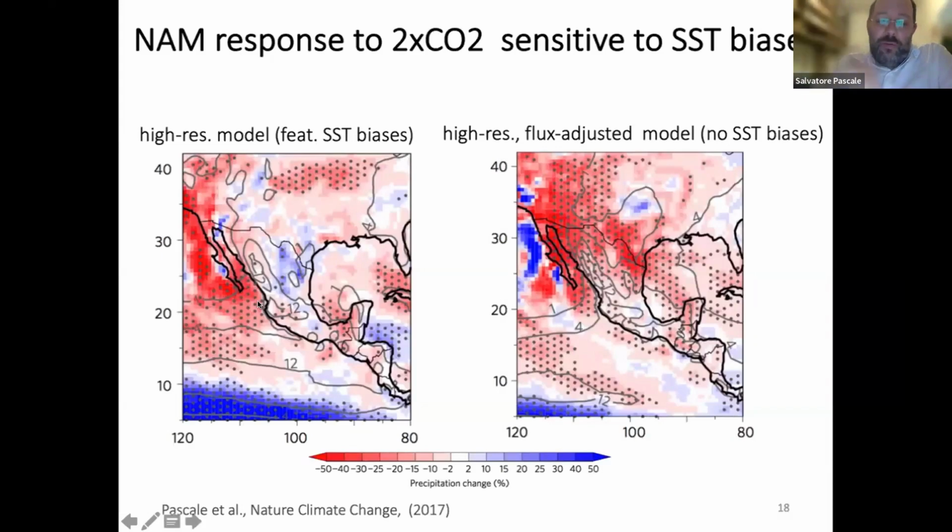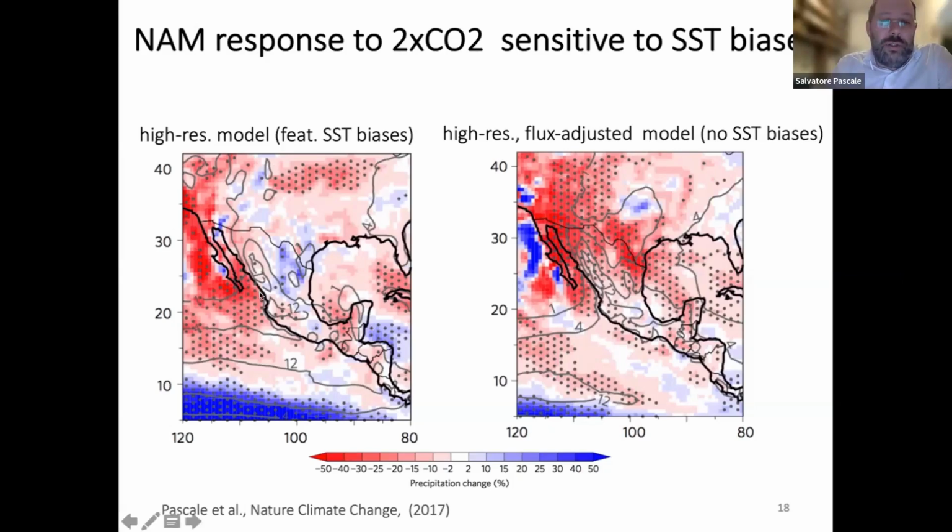Also, the presence of sea surface temperature biases makes the response of the North American monsoon very uncertain, because the monsoon is very sensitive to them. For example, in this study, we took a high-resolution model, 50 kilometers, and we had two experiments in which we doubled the CO2 concentration.